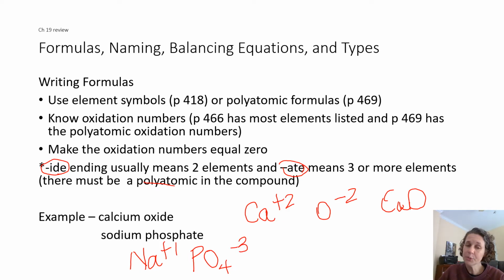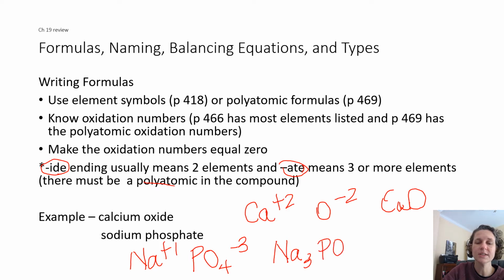So now they don't equal 0 automatically. This is where I have to add subscripts. So I will need 3 Nas. So I would have Na3PO4. So that's like saying +1 +1 +1 -3, and that equals 0, which is our goal.